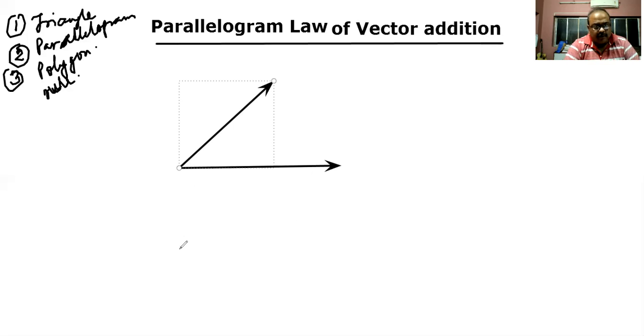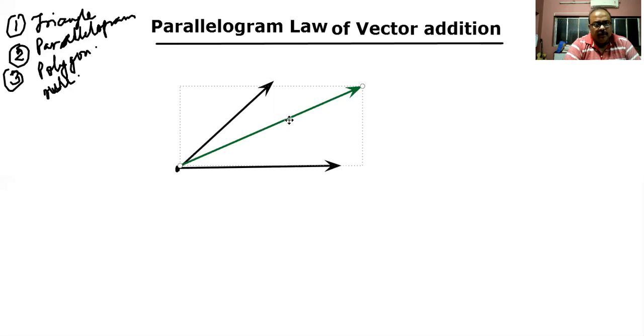That is a very important thing. Then their resultant is completely represented, both by magnitude and direction, by the diagonal of the parallelogram passing through that point. I will make you write.